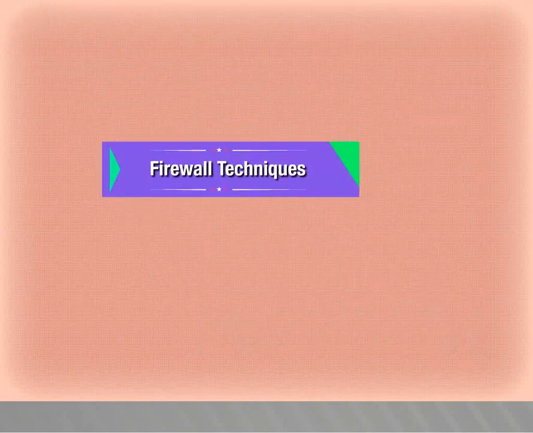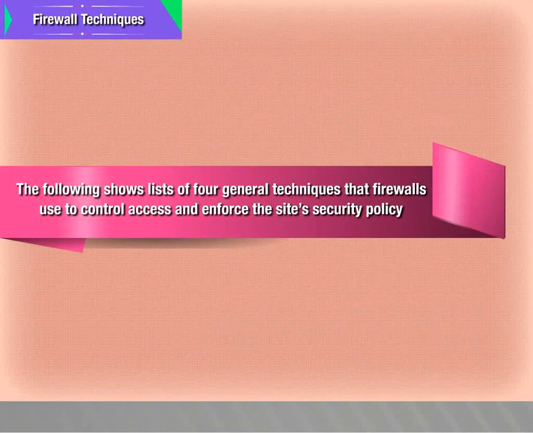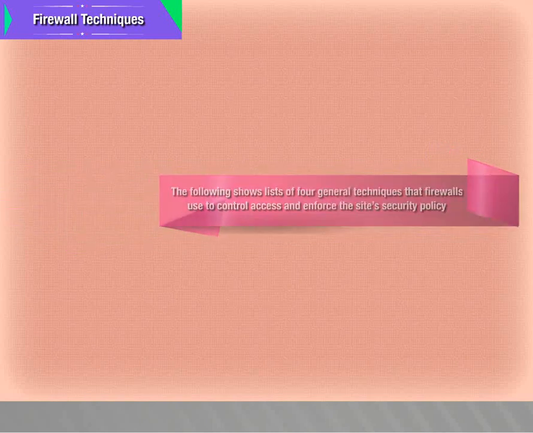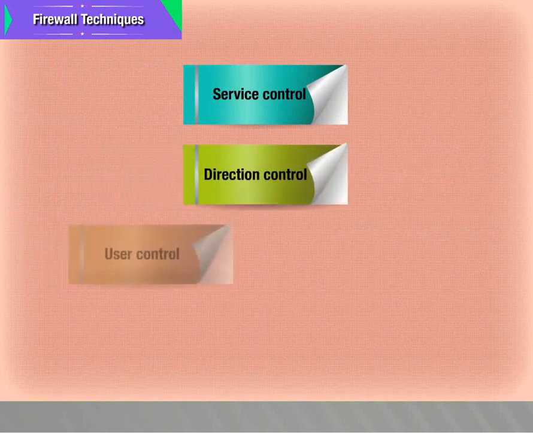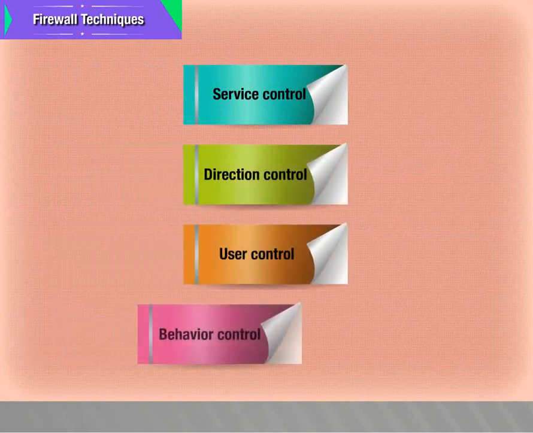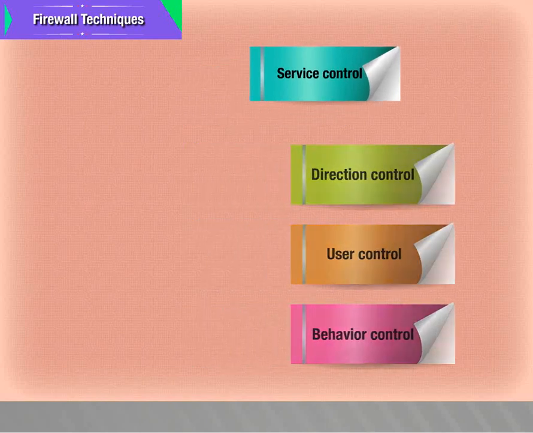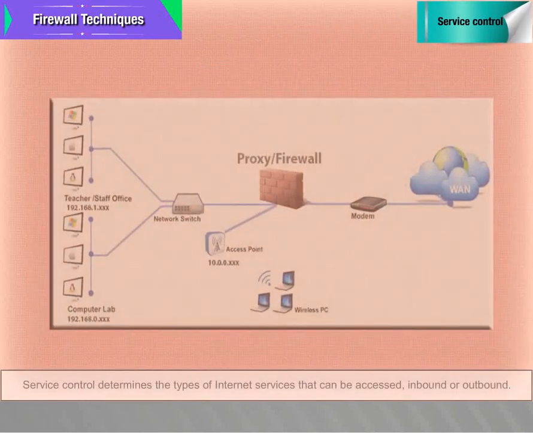Firewall techniques. The following shows a list of 4 general techniques that firewalls use to control access and enforce the site's security policy. Service control, direction control, user control, behavior control. Service control.